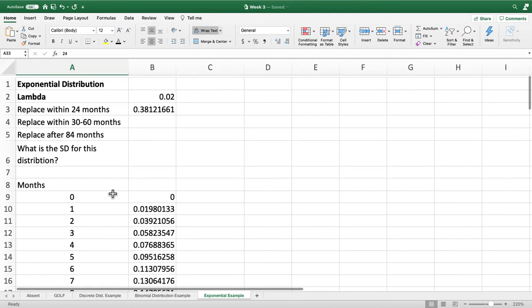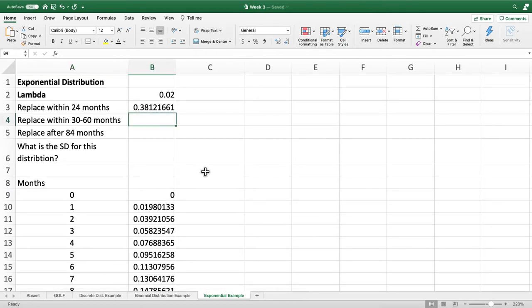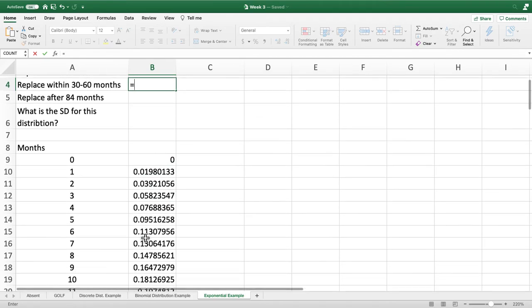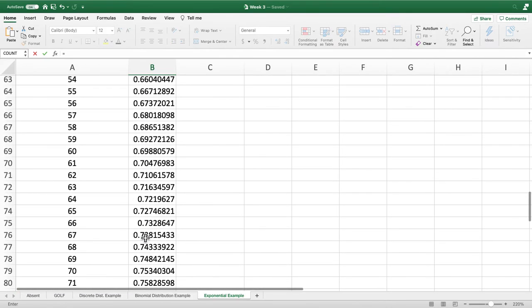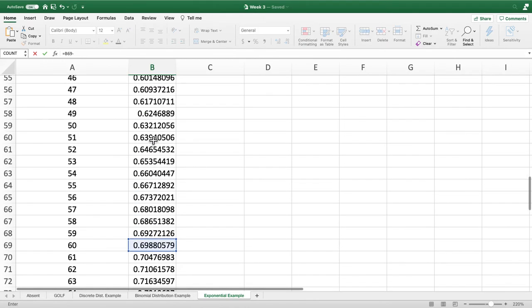So now we want to know, what about it being replaced within 30 to 60 months? So here we've got to do a couple of different things. What we can do is we could either do equals, and then we find our 60 month and we subtract our 30 months.